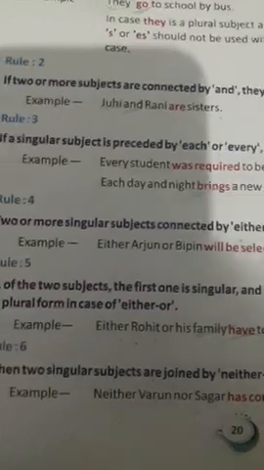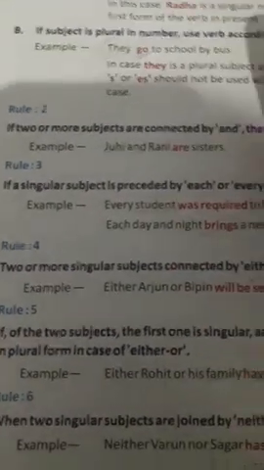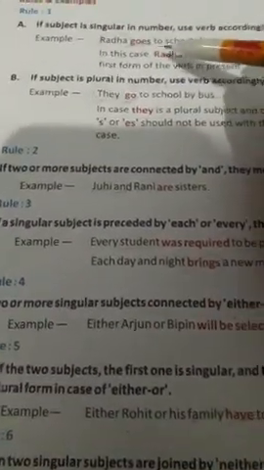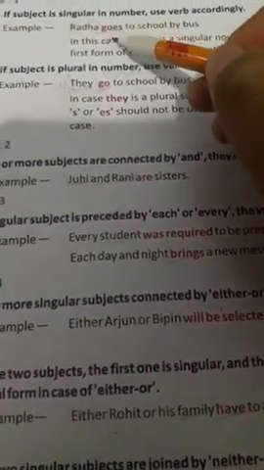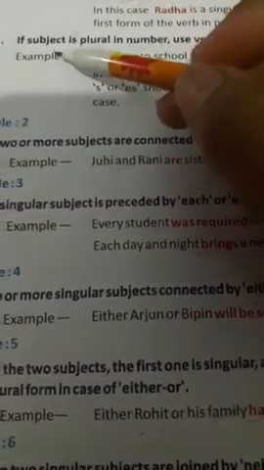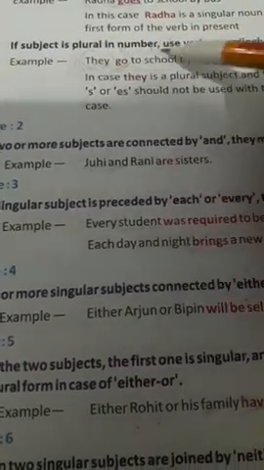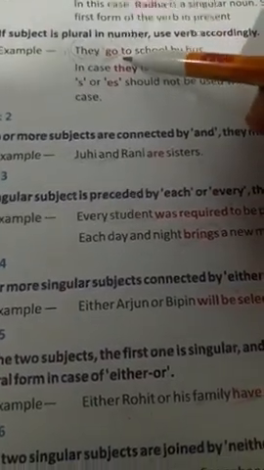So again let's recall the first rule. What is the first rule? That if your subject is singular, you have to take the verb in singular form, and if your subject is plural, then you have to take a plural verb.